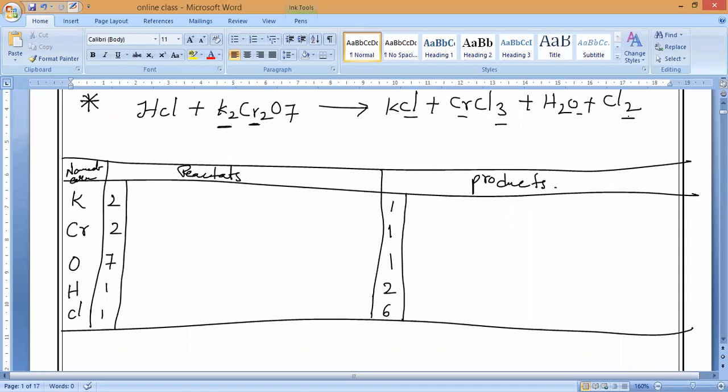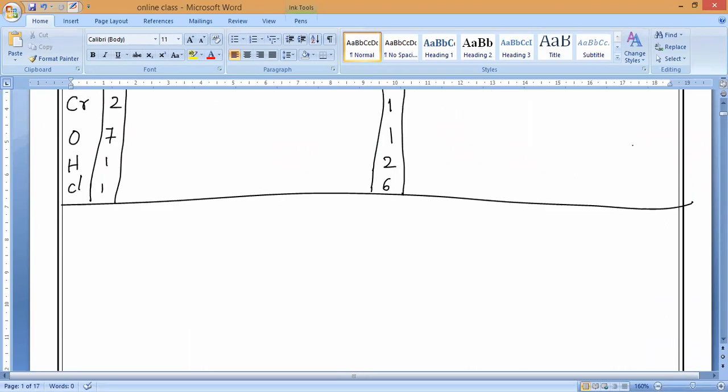Now let us see how to do it. Before, we tried to balance hydrogen first. This time, don't go with hydrogen first.